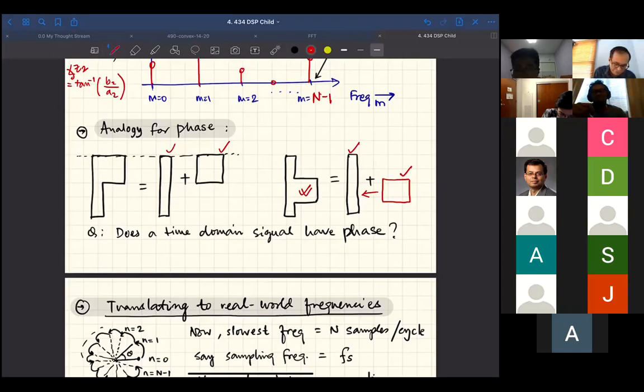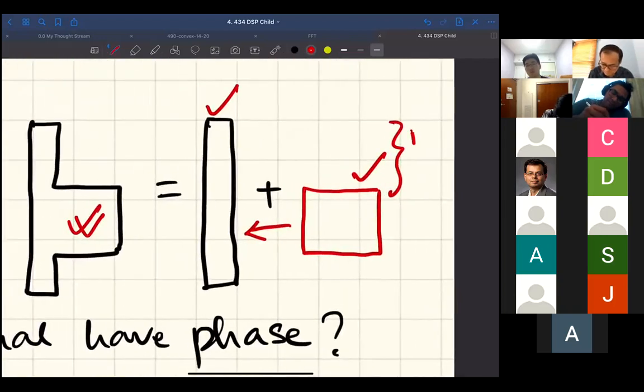So if you think of shapes as frequencies, this is frequency 0, this is frequency 1, and so on. You think of phase as the starting point of that stick. So this is the starting point, or start angle maybe.